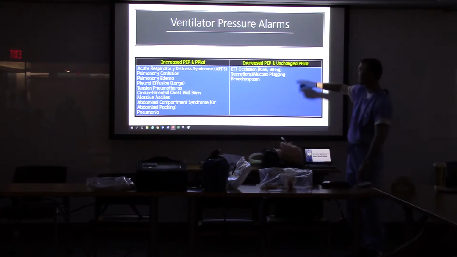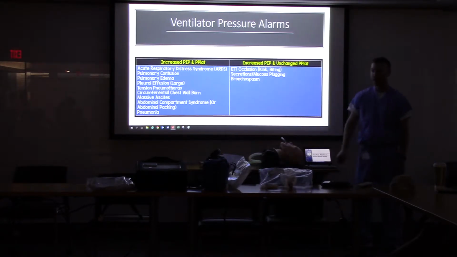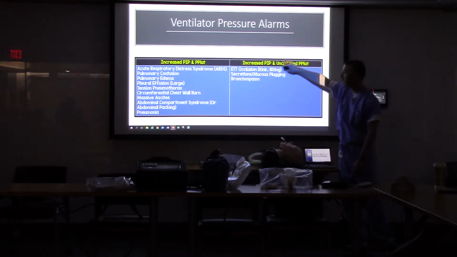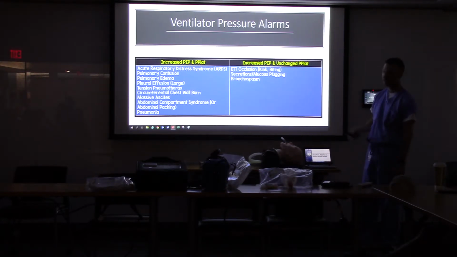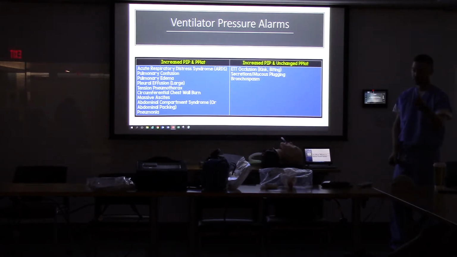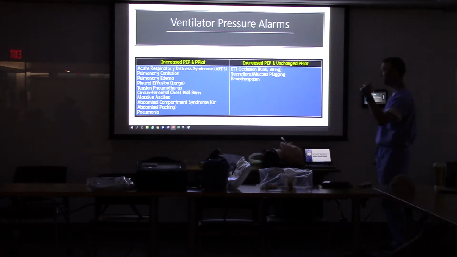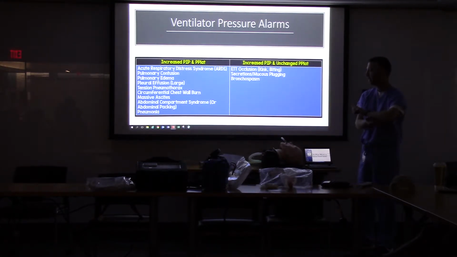But then you have to figure out, can I measure my plateau pressure and rule out all of these things and say, oh, it's just one of those, or do I not know and I have to just start giving various treatments? Check the tube, suction down the tube, put an inline neb, and stuff like that.